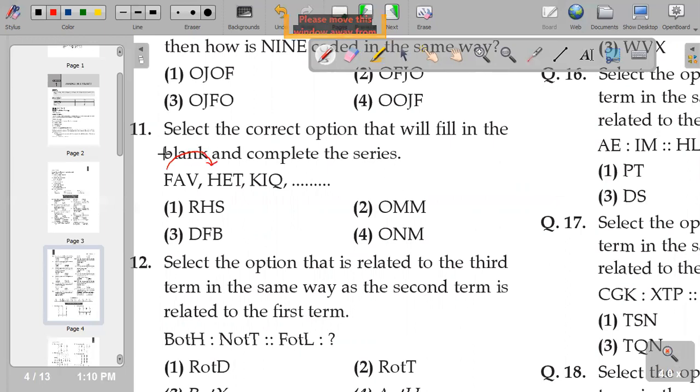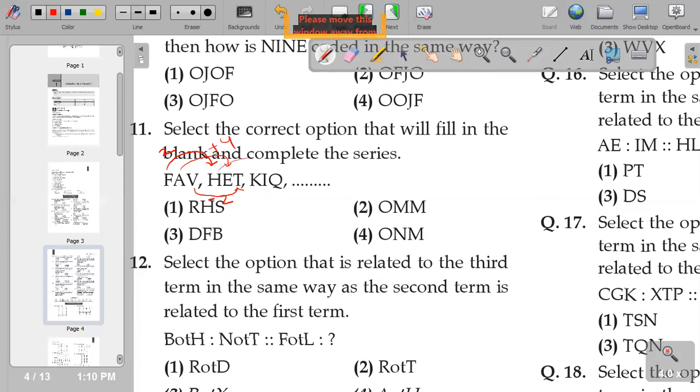E F to G H, we are adding plus 2. A to E: A, B, C, D, E, plus 4. V to T, it is subtracting minus 2. So at first we add 2, then 4, then minus 2.